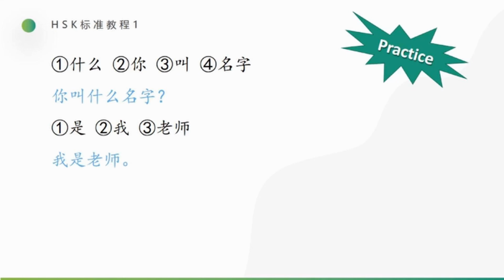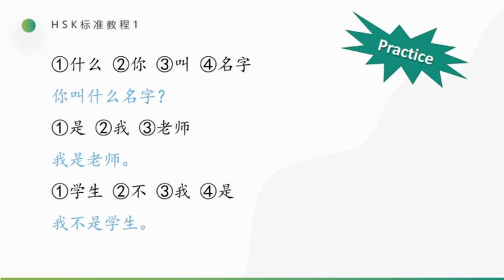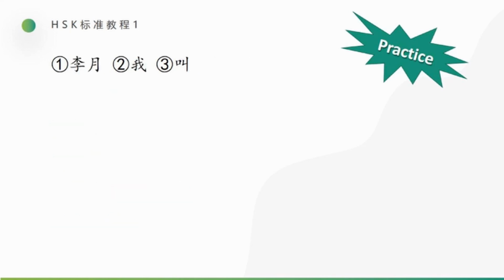我是老师。Okay, this one. 我不是学生。It's a negative sentence. Okay, this one.